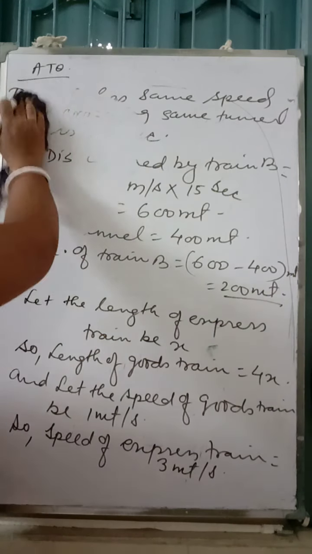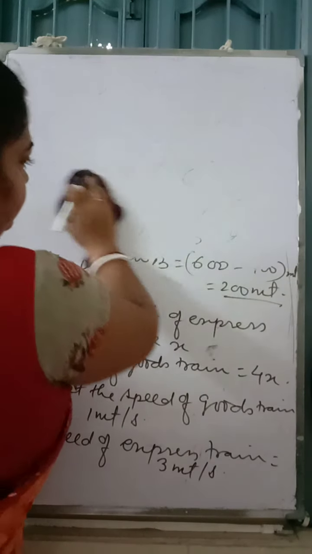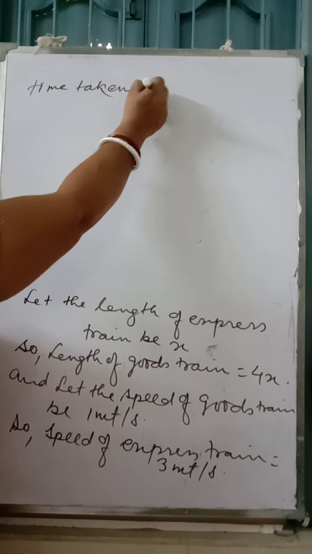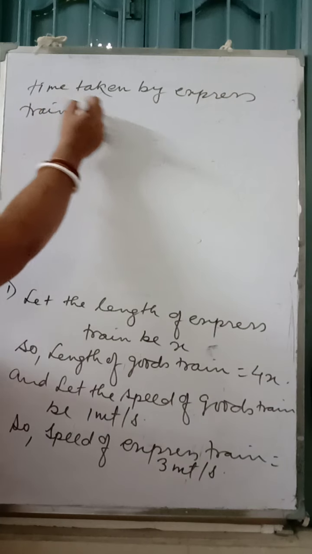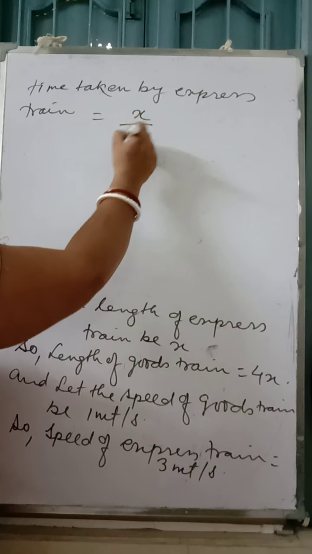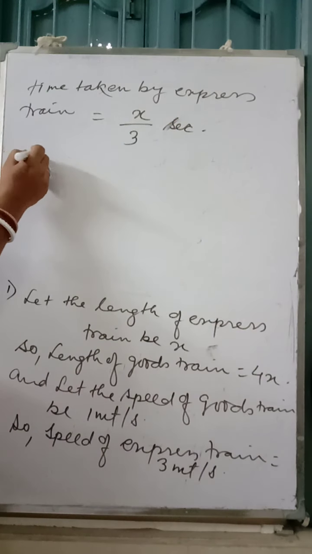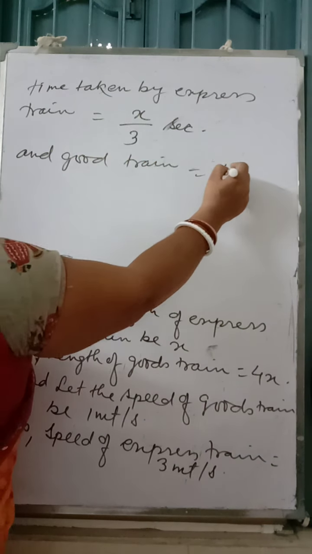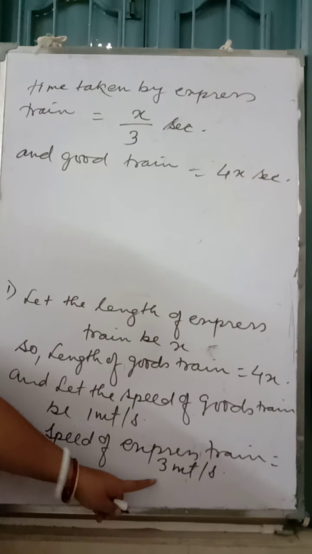Now time taken by the trains. Time taken by express train is equal to x by 3 seconds, and goods train is equal to 4x seconds, because this is length, this is speed.